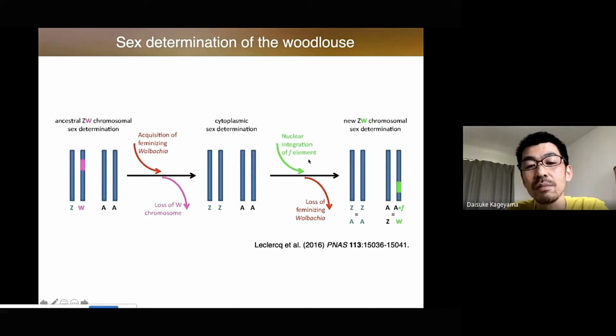This was found to actually be a Wolbachia genome integrated into the host chromosome. And once it was an autosome, but now it can be considered a sex chromosome, and ZZ behaves like autosomes. Yeah, it's quite a new study.